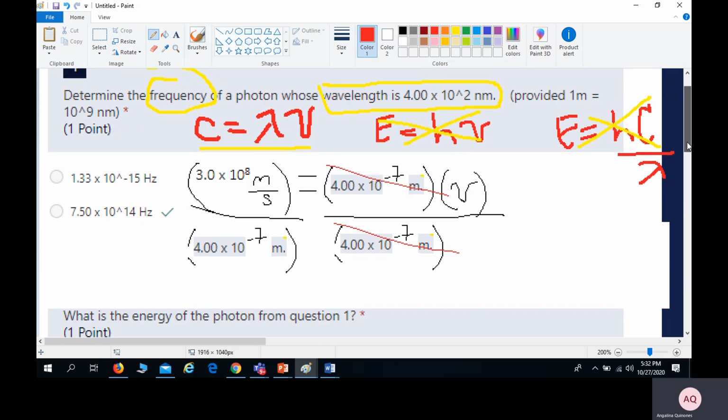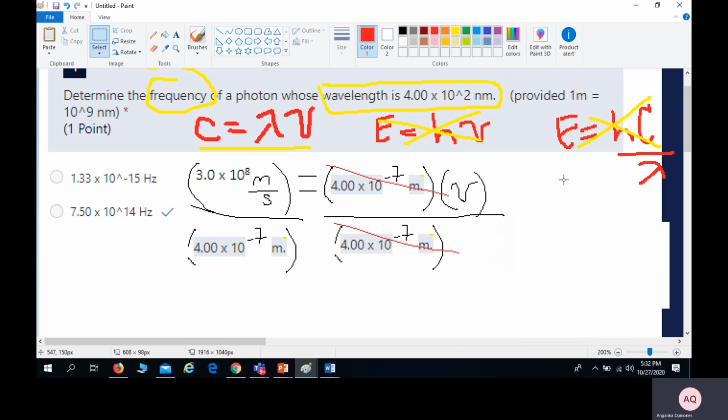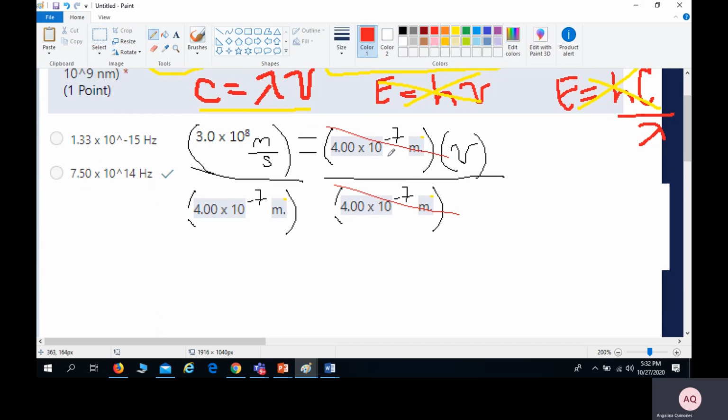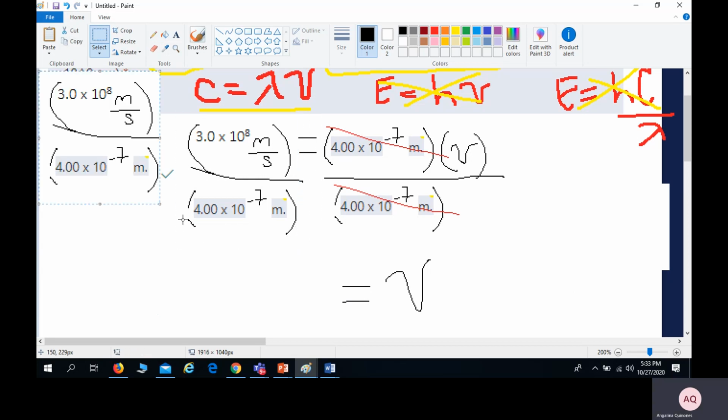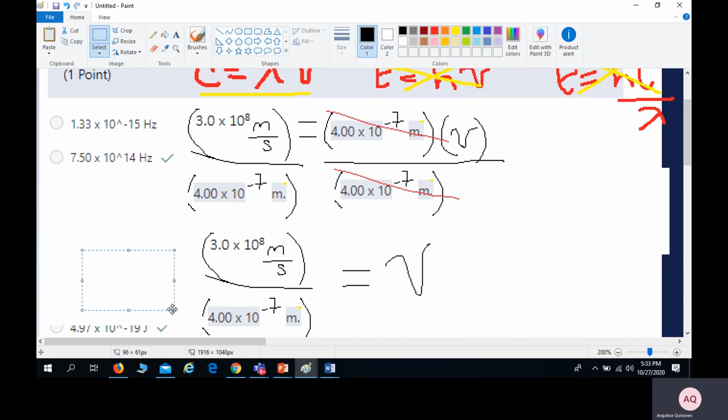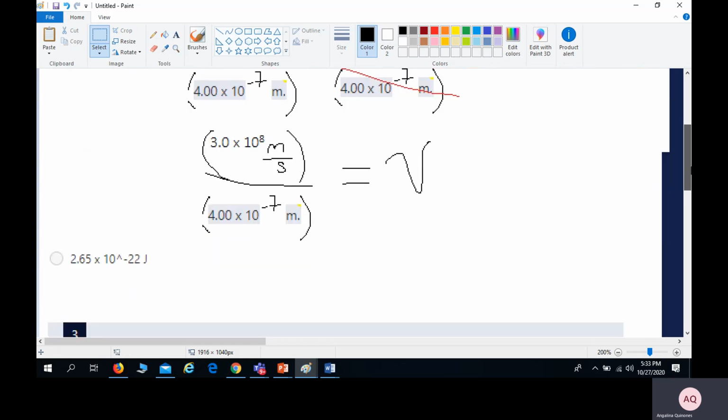So now what we're left with is frequency on this side, because these canceled, and this part right here is still on this side. All right. So now we have to do the division.